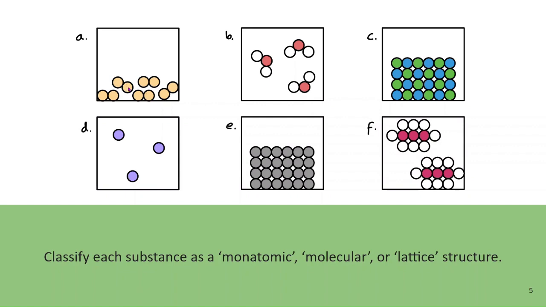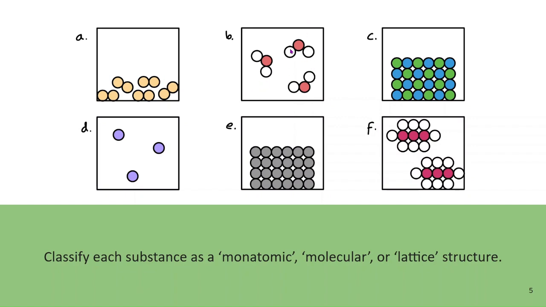Each of these represents an atom. So these two atoms are clumped together. They're not monatomic, which would mean one atom. They are more than one, and they are seemingly bonded together. So we're going to call that a molecule or a molecular substance.